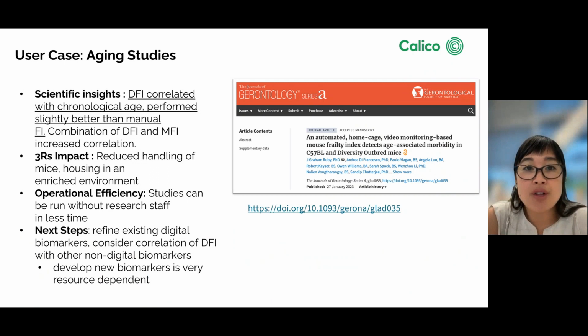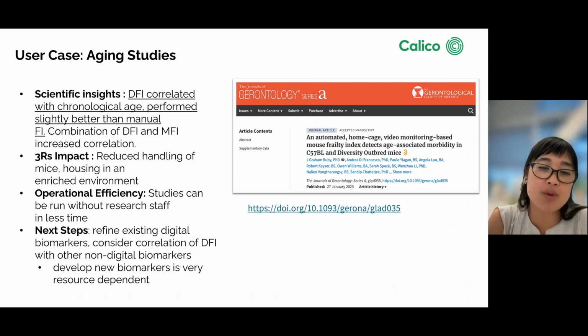So all in all, the scientific insights from our first pilot study was that our digital frailty index correlated with chronological age, and it performed slightly better than our manual frailty index. And that when we combined these two, manual and digital, we had an increased correlation. So next steps, we might consider adding other non-digital biomarkers or other assessments to the frailty assessment.